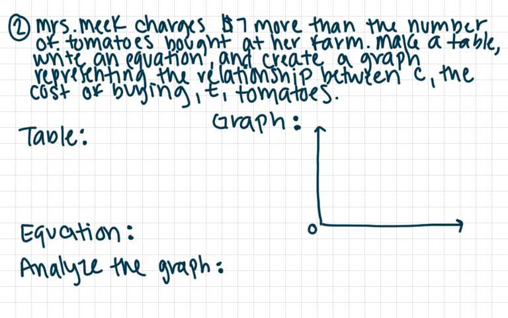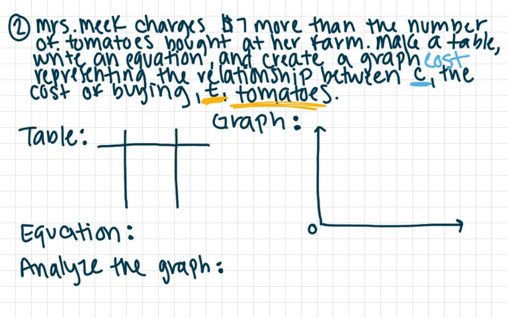They're asking us to use C to represent the cost and T to represent tomatoes, which again is something different than before. Let's start off by making our table, because from our table we will be able to make the equation and the graph and everything else.